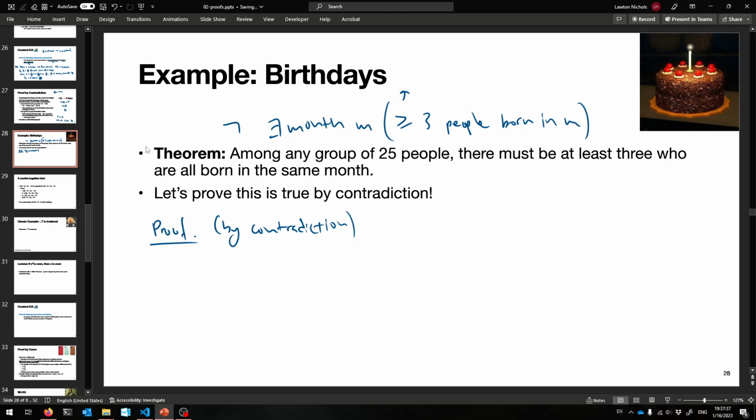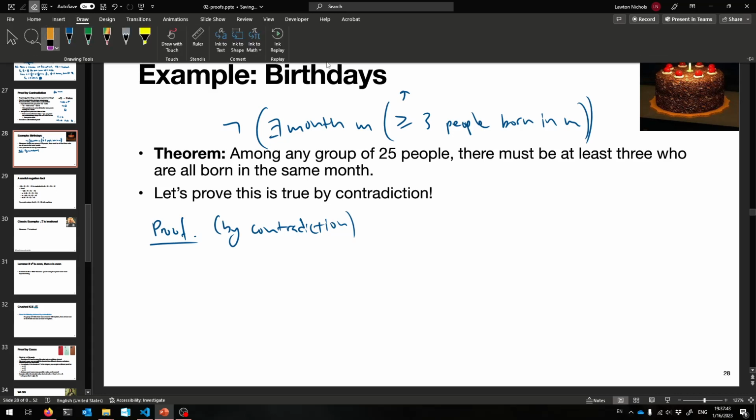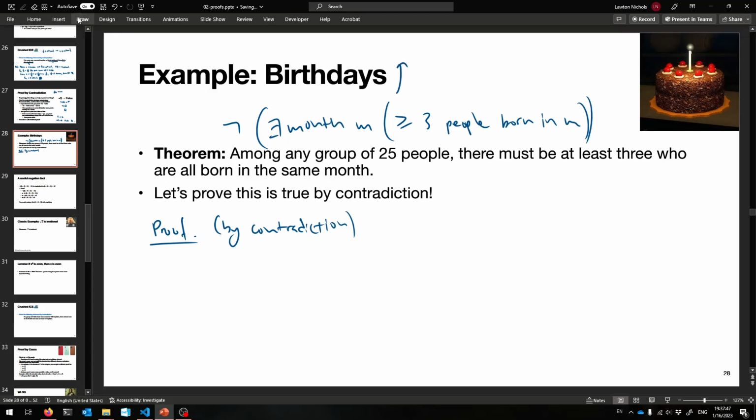All right. So to negate this, this there exists, it becomes, let me draw a bigger arrow. Well, if you negate a there exists, you get a for all, right? So for every month M, it better be the case that less than 3 people were born in that month.